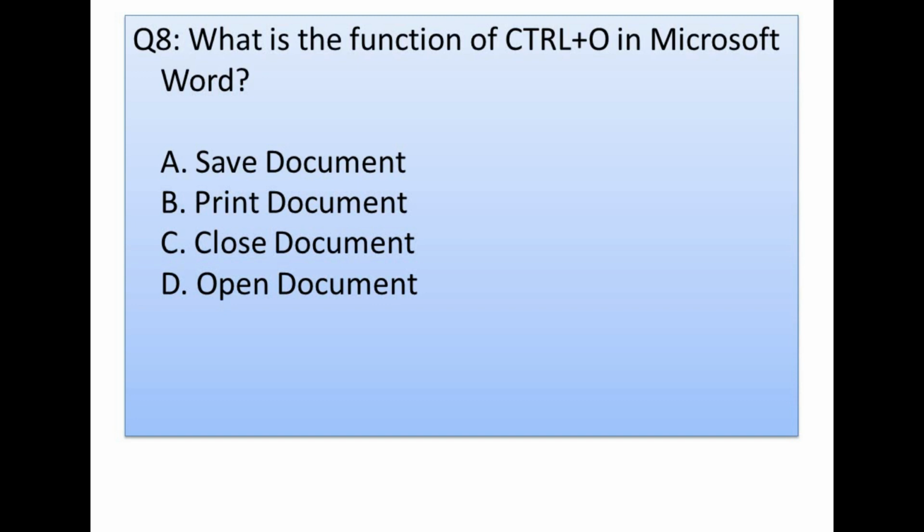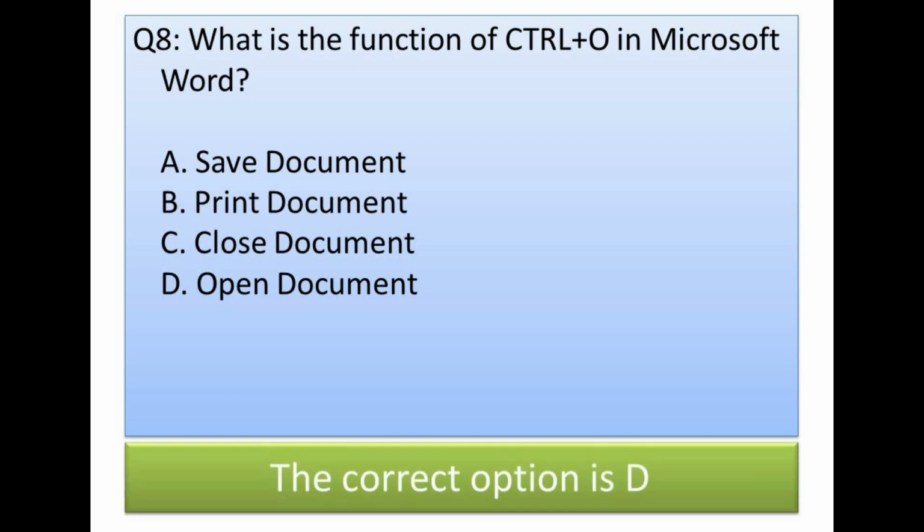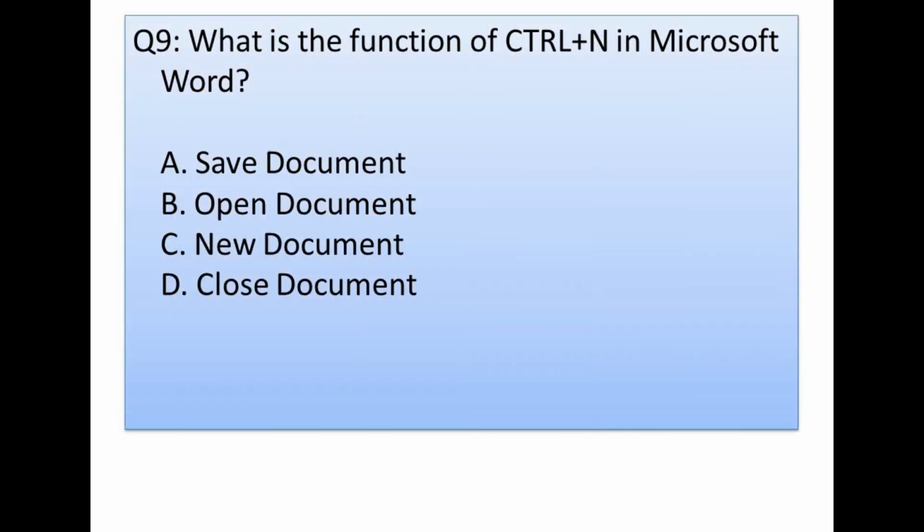Save document, print document, close document, open document. So the correct option is D. What is the function of Ctrl+N in Microsoft Word? Save document, open document, new document, close document. So the correct option is C.